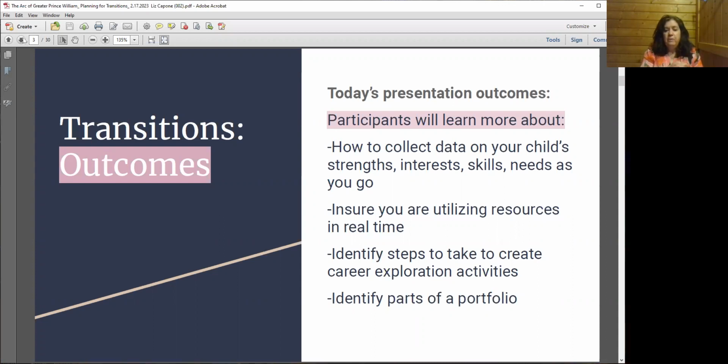And we want to make sure you're utilizing the resources in real time. So that means if your child's in 10th grade and there's a 10th grade counselor who is very adept at finding opportunities, connect with that person now. I've seen people online in the past year or so, maybe in other states on a parent forum, whatever, on Facebook. And they're like, my child is X years old.